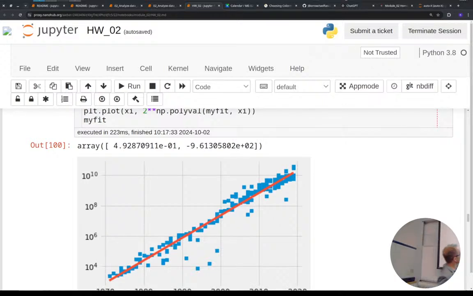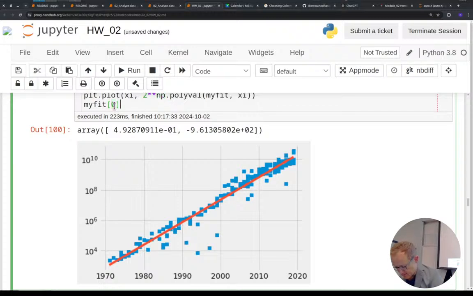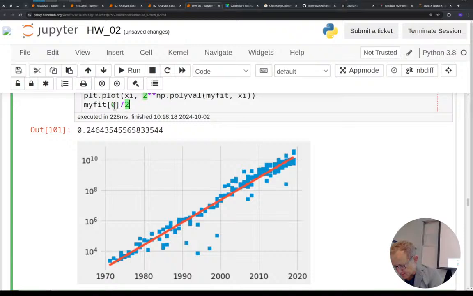And sure enough, the slope here is 0.493, which means that every 1.9-something years, it's doubling, because 2 to the 1, in order for that slope, here, let's say bracket 0 over 2, oh right, sorry, 2 times.